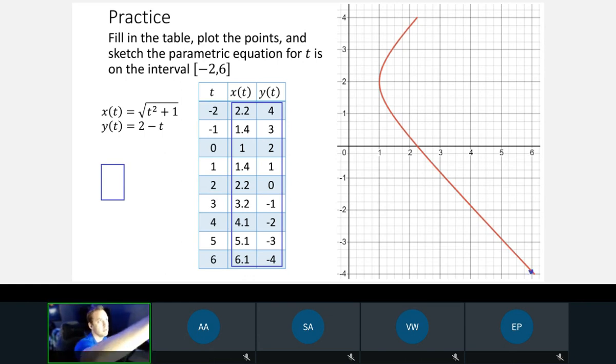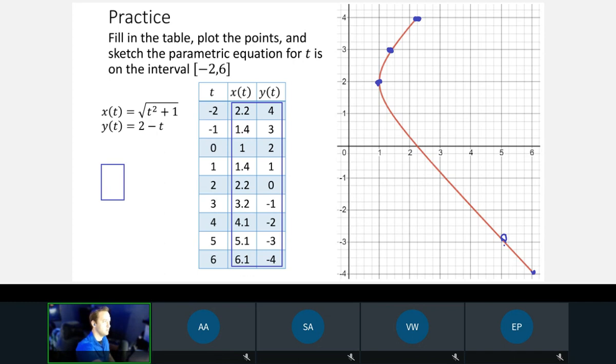So that would be this point here. And then we have 1.4, 3. So that's this point here. And then you're going to have your 1, 2.